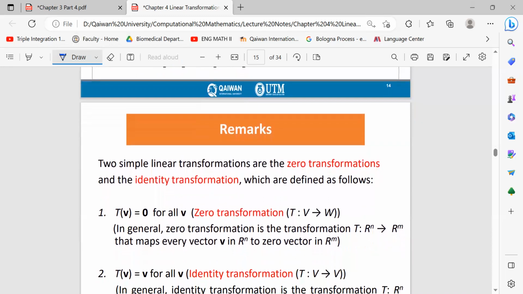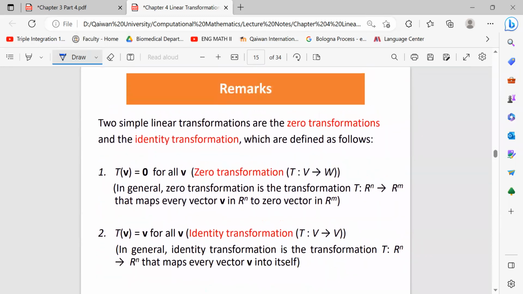Here we have two types of transformations: zero transformation and identity transformation. Zero transformation is a transformation in which the image of all vectors is 0. The image of all vectors is the zero vector. Then we say that transformation is a zero transformation.